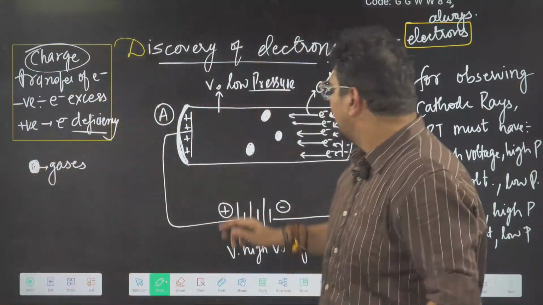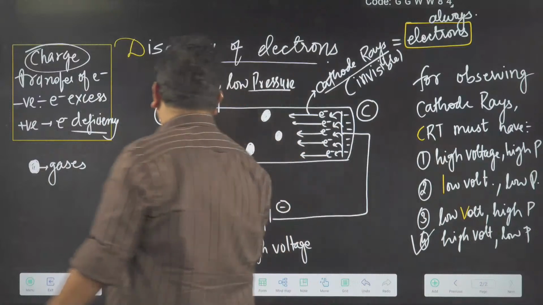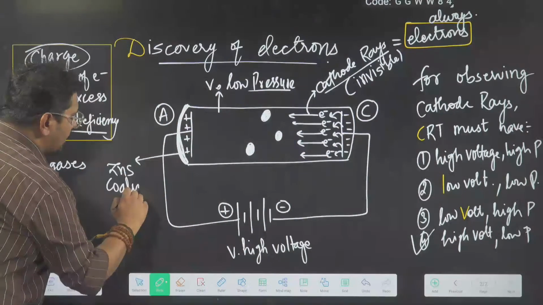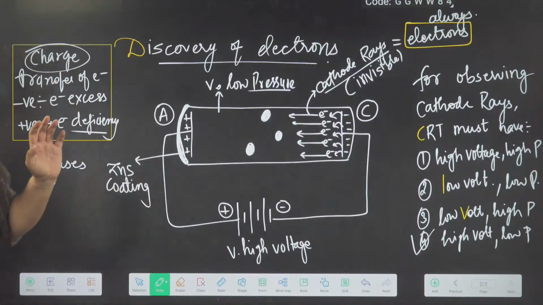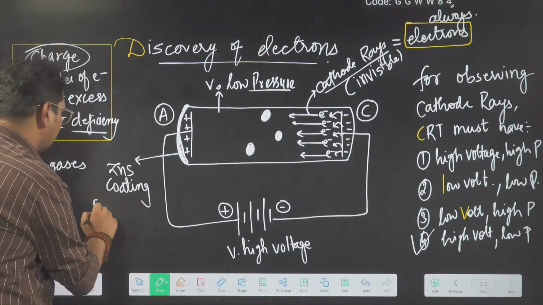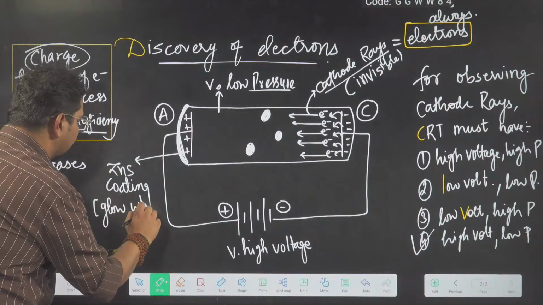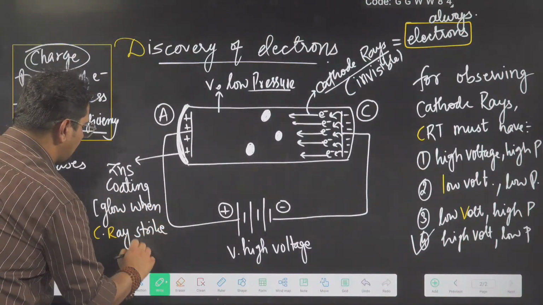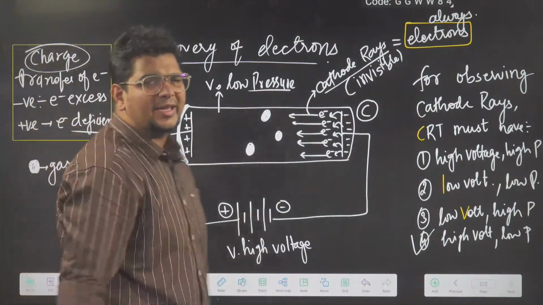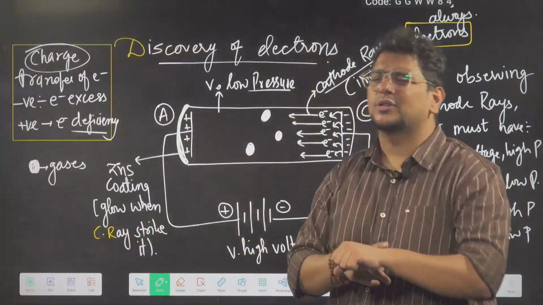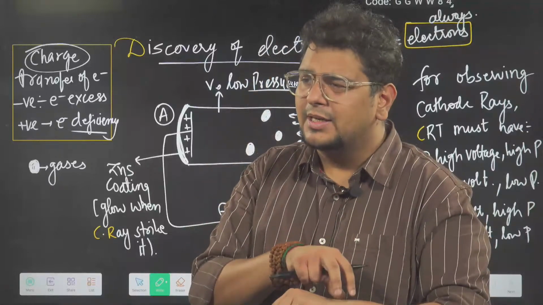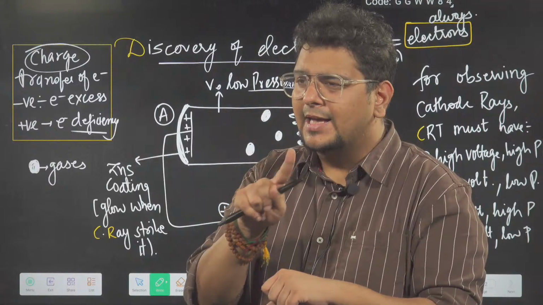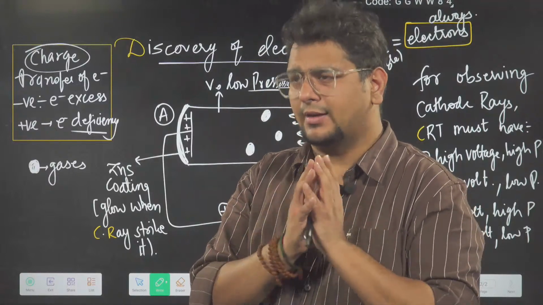Yes, very good, Madhu. At the back of the anode, I am putting a ZnS coating, a zinc sulfide coating. This zinc sulfide coating will glow when a cathode ray strikes it. As soon as the cathode ray strikes here, this area will glow. Just like some wrist watches, their markings glow in the dark.